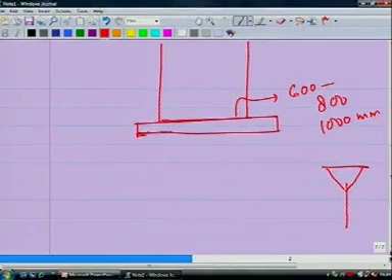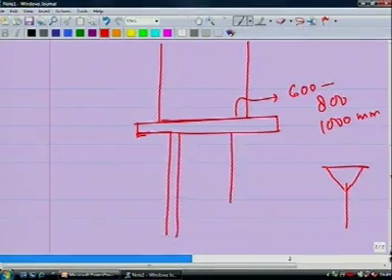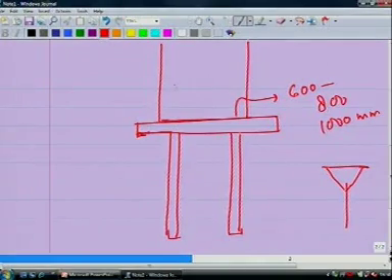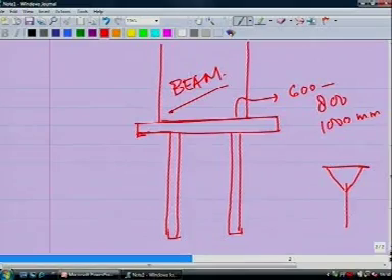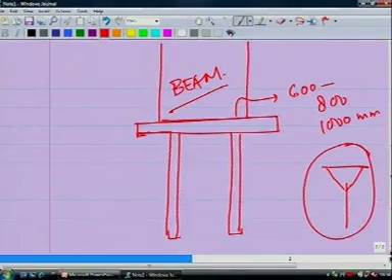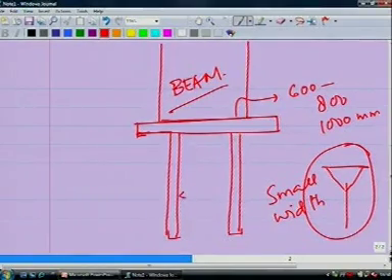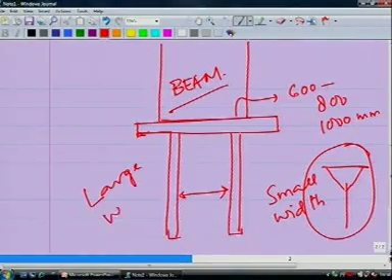So, this is your supporting member, one row of prop would be somewhere here, another row of prop would be somewhere here. Is this clear to you, technology class? This is your beam. Do you understand this, technology class? So, this T head is for small width of beam, this 2 row arrangement of props is for large width.